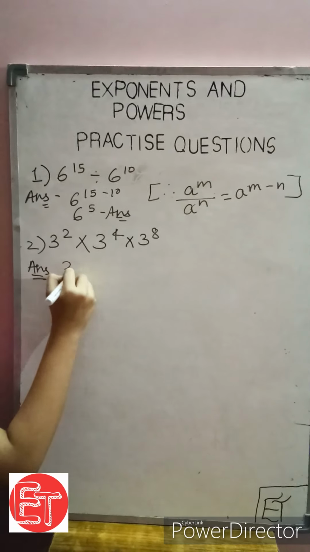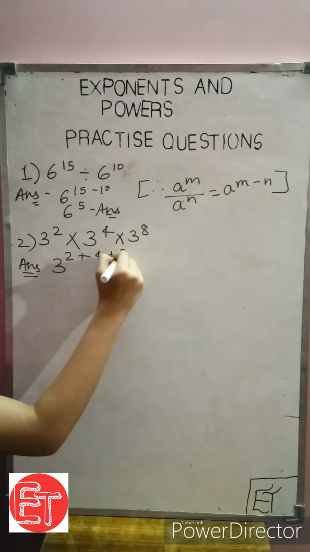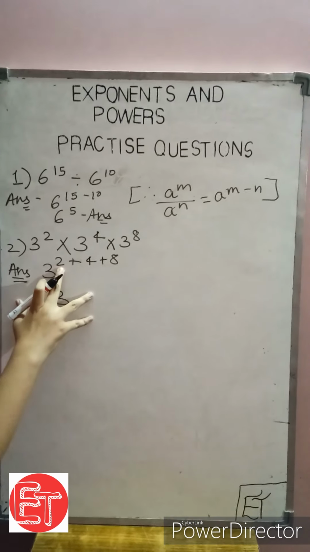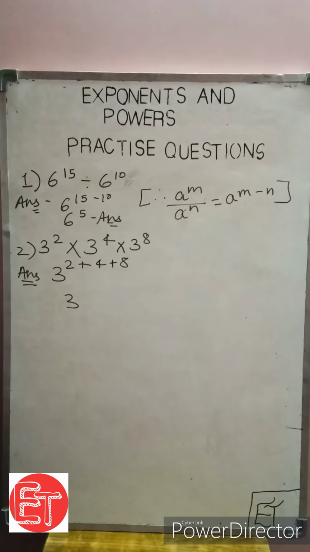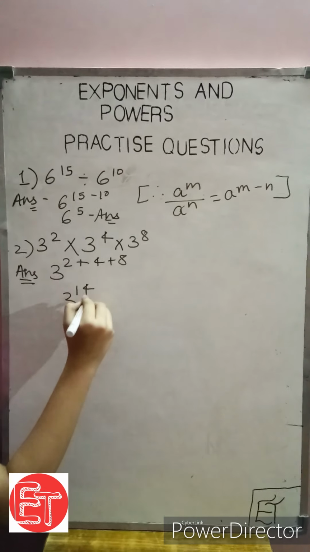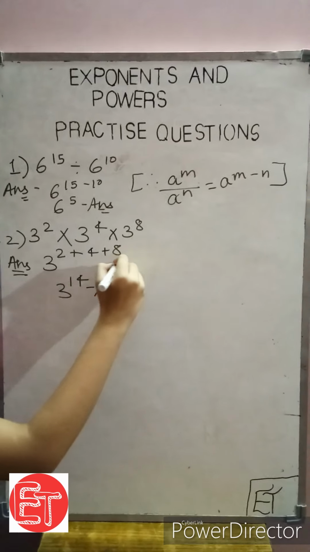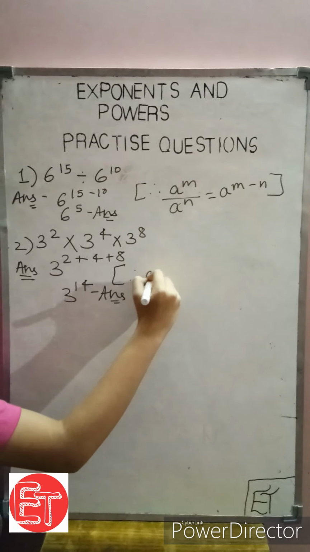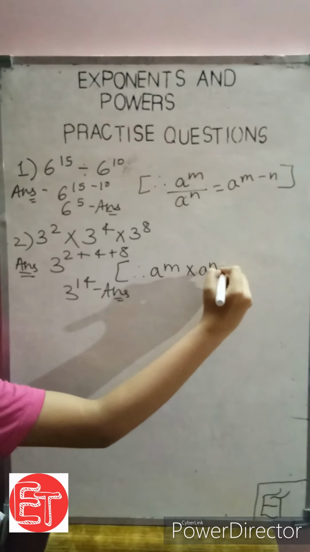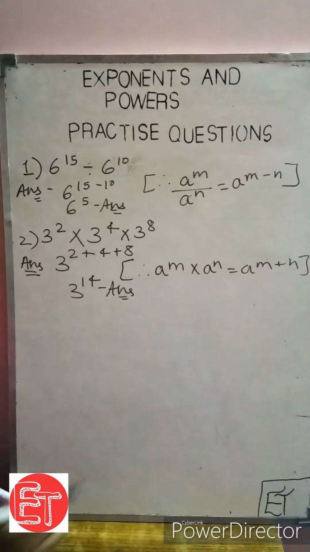So we will add the powers: 2 plus 4 plus 8. 4 plus 2 is 6 and 6 plus 8 is 14. 3 raised to the power 14. Why did I add? Because of the law that says a raised to the power m multiplied by a raised to the power n will give the result a raised to the power m plus n.